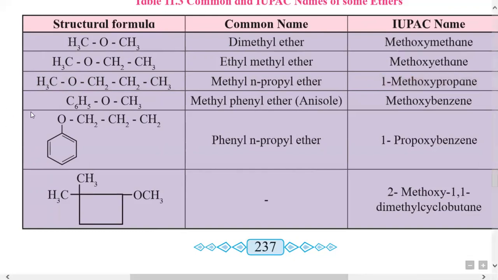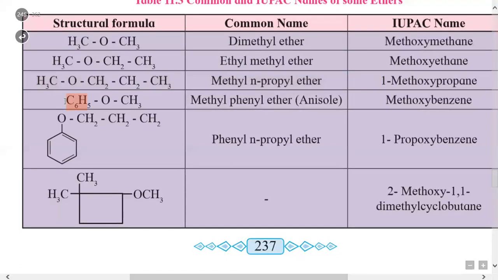Next example is here the C6H5 group. We know the C6H5 group is named phenyl. Here C6H5OCH3. So the other alkyl group is methyl, and one alkyl group is phenyl. According to alphabetical order, the name of the ether is methyl phenyl ether.